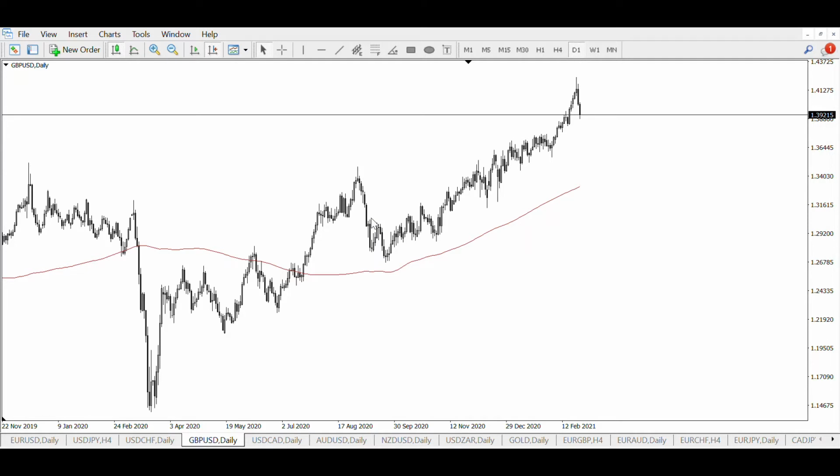Now, which one you select, that depends on the market structure. And for this specific market structure concerning GBPUSD, I will be using my channels.